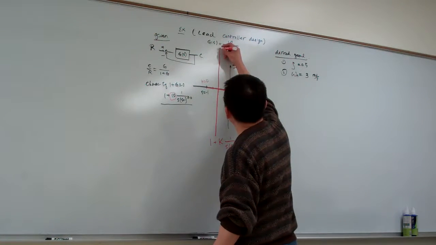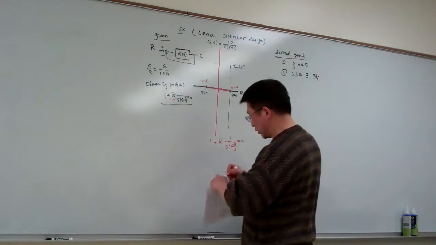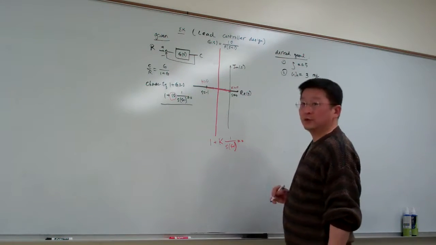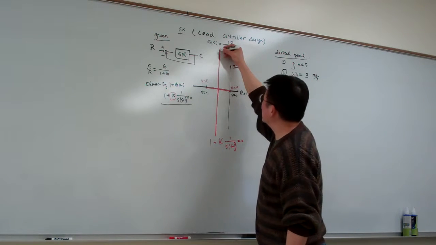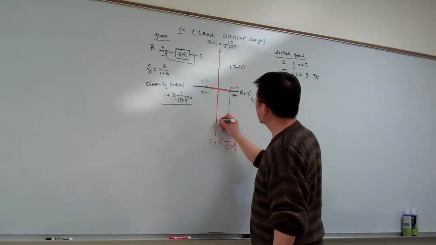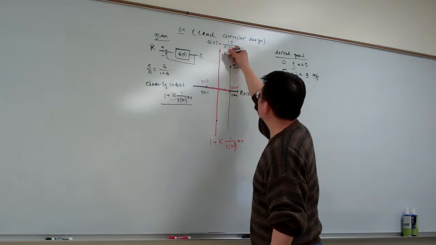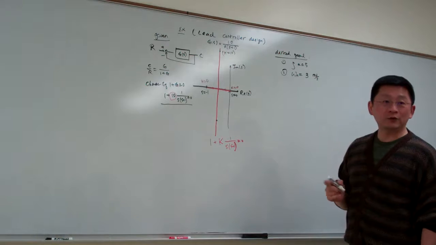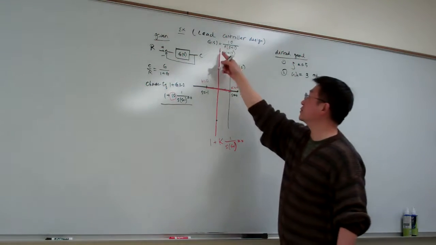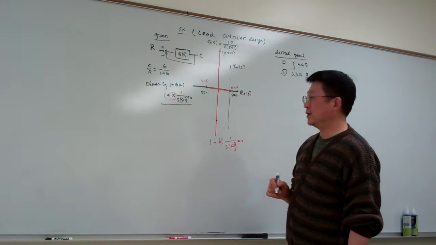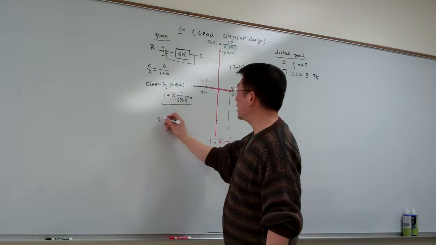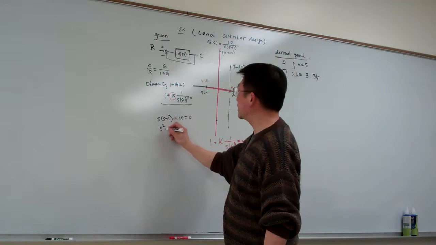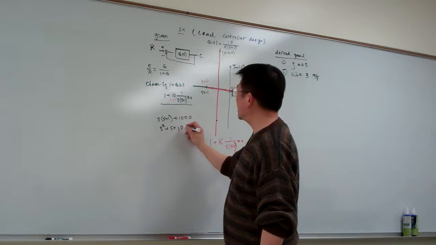Let me operate here. So corresponding to k equal to 10, do you know how to locate that one? So basically here is the point. This is the pole point corresponding to k equal to 10. How do you know the location of this point? Easy. You simply solve s squared plus s plus 10 equal to 0.